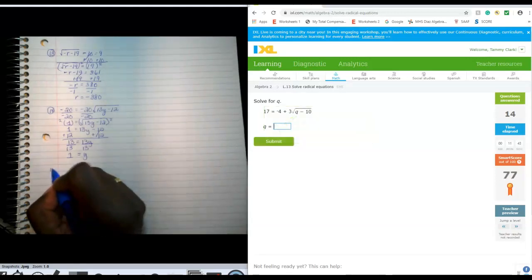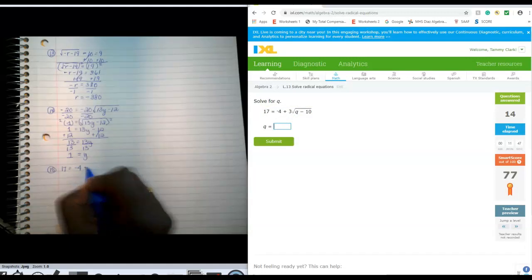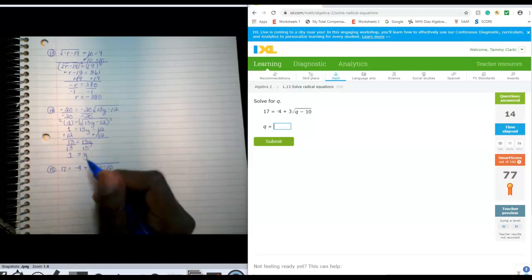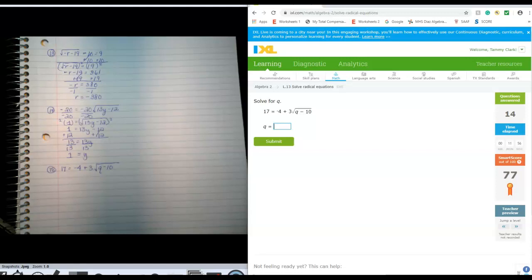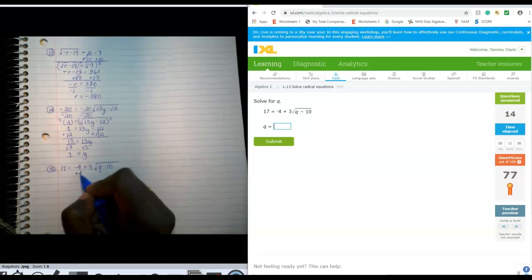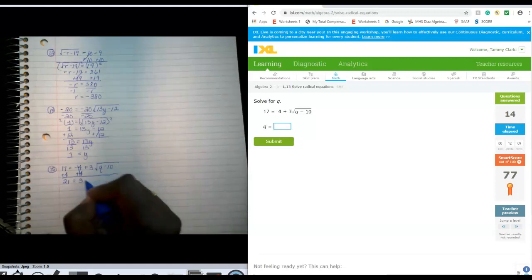Number 15, we have 17 is equal to negative 4 plus 3 times the square root of q minus 10. Again, we want to eliminate everything from around the radical sign. So the first thing I'm going to do is add 4 to both sides of the equation. That gives me 21 is equal to 3 multiplied by the square root of q minus 10.